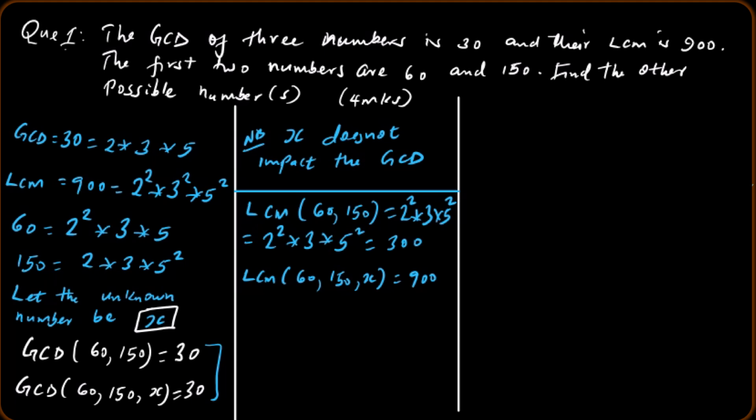So clearly now you can see that x has an impact on the LCM. Okay, so you can note it here: x has impact on the LCM. Why does it have an impact on the LCM?